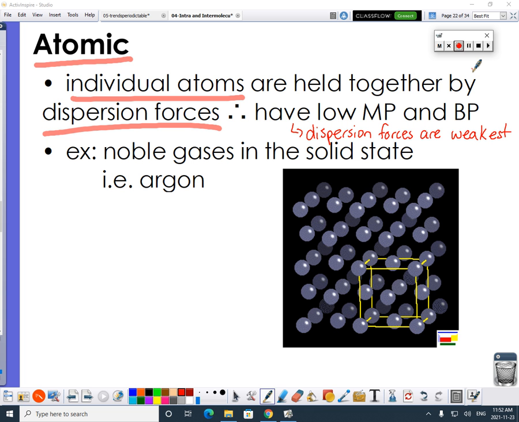So it's not a super strong solid. Something that is gaseous wants to be a gas. Yes, you can put it under an enormous amount of pressure and make it a solid, but it's not going to be long-lived. So it's very easy to change this back into a gas, which makes sense, okay? So weak forces, low melting and boiling point. This is a very, very weak solid.